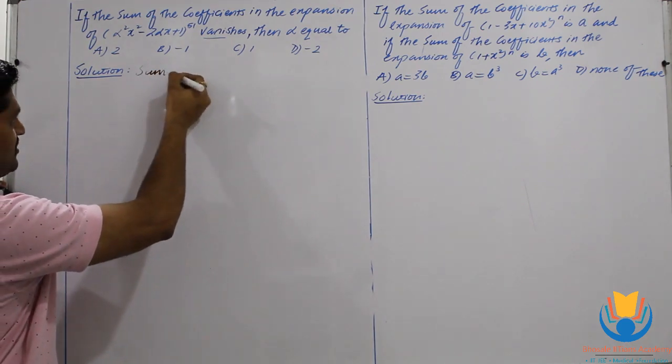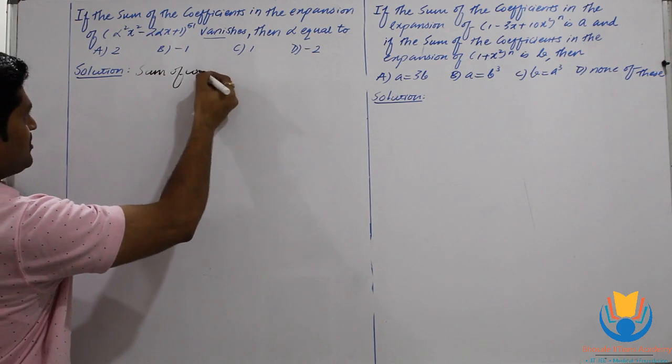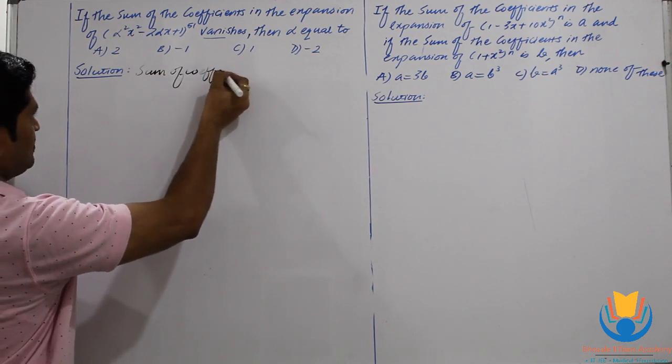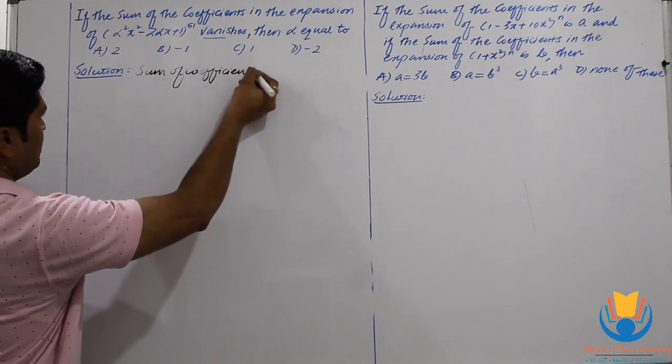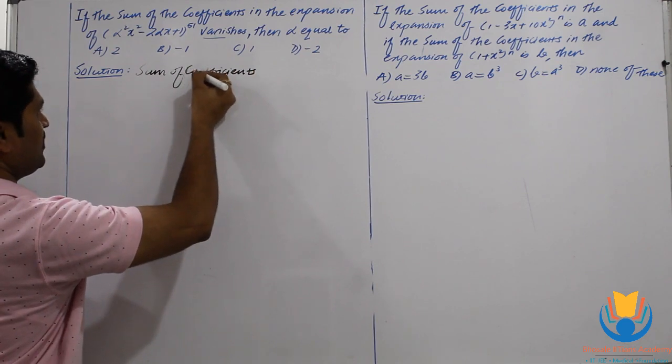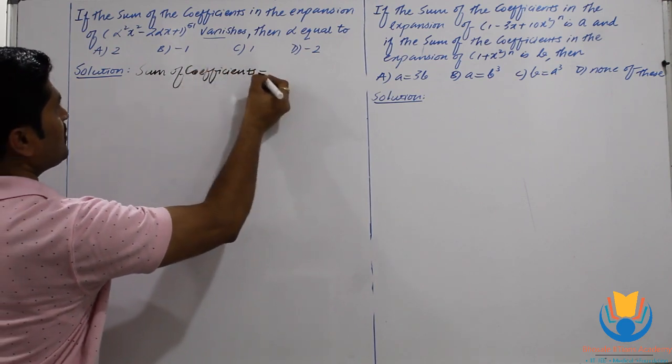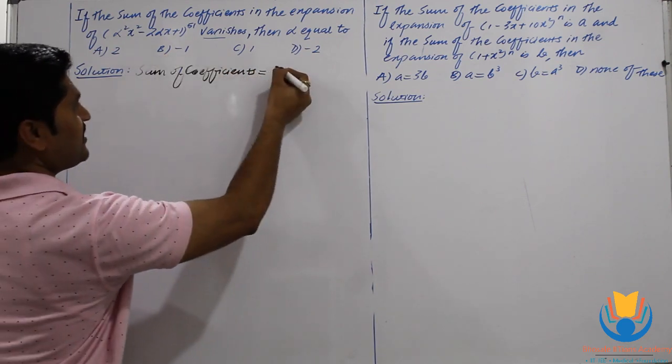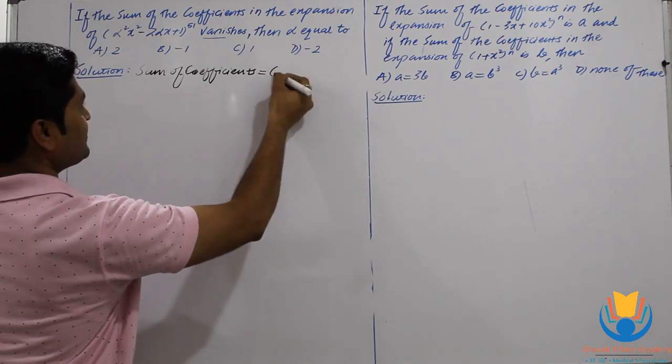So therefore the sum of coefficients is equal to, wherever x is there, we are going to put x equal to 1.